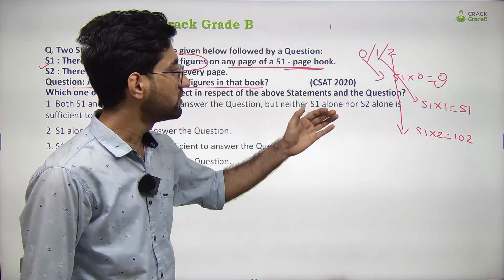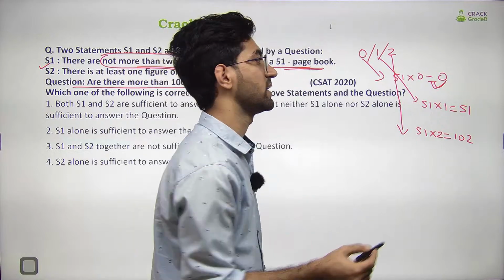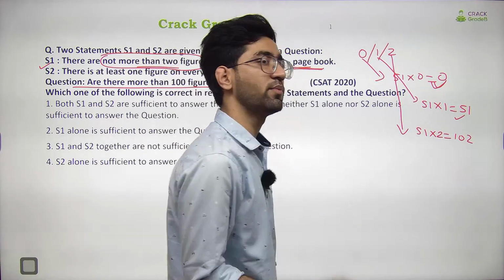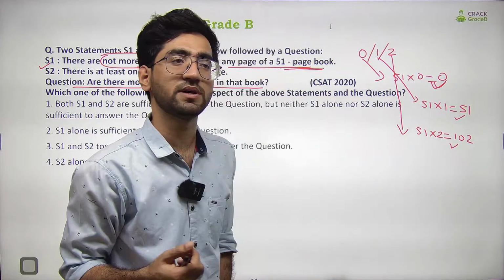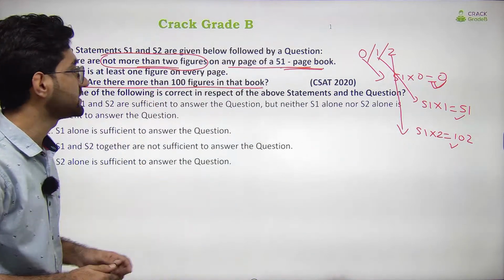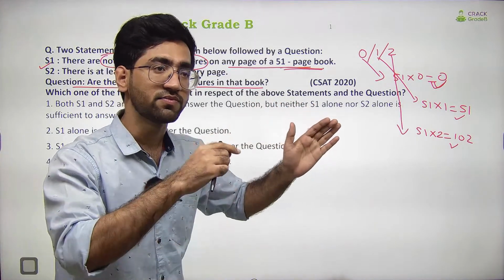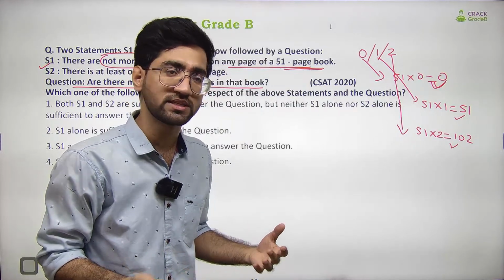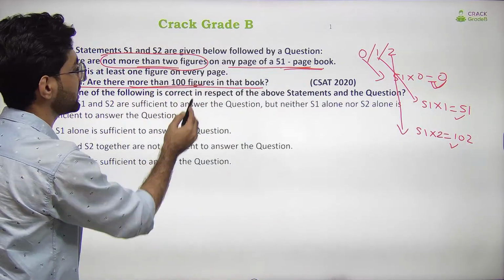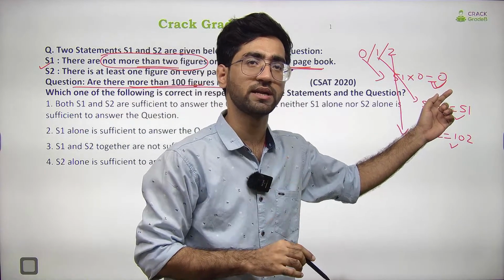Now can you notice one thing: in one scenario the book has 0 figures, in another scenario the book has 51 figures, in another scenario the book has 102 figures. So if you look at statement 1, the book can have from 0 figures to 102 figures. So are you able to answer whether there are more than 100 figures in that book? No. In one case you will say no, there are not more than 100 figures in the book.